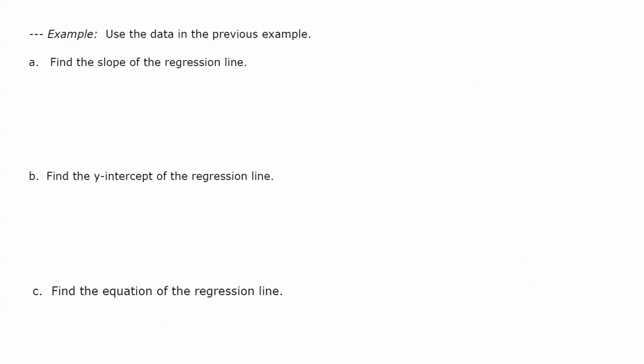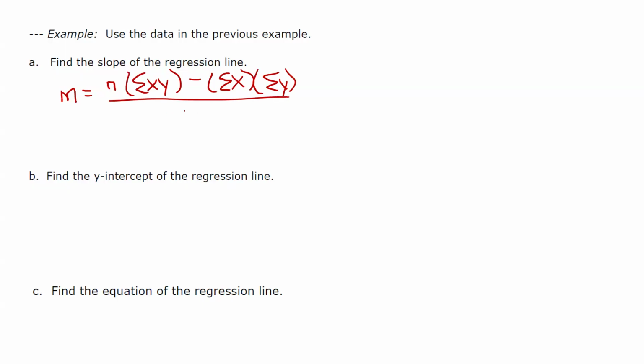So now we're going to use the same data and we're going to find the slope of our regression line. So M equals n times the sum of xy minus the sum of x times the sum of y, divided by n times the sum of x squared minus the sum of x squared.